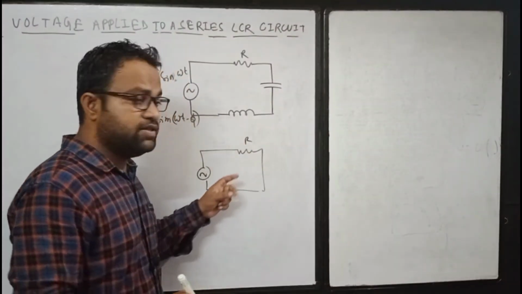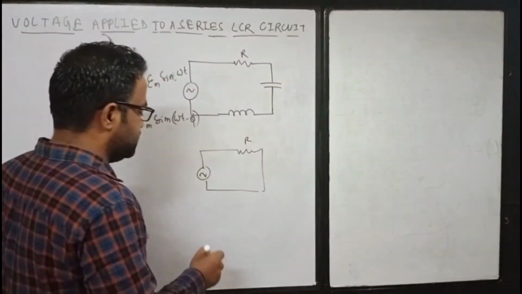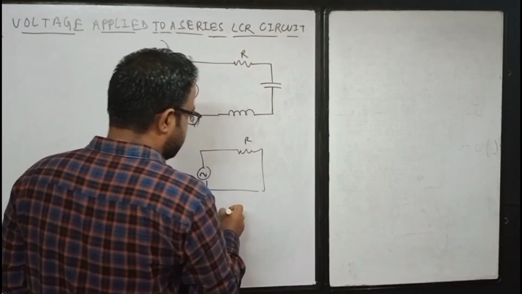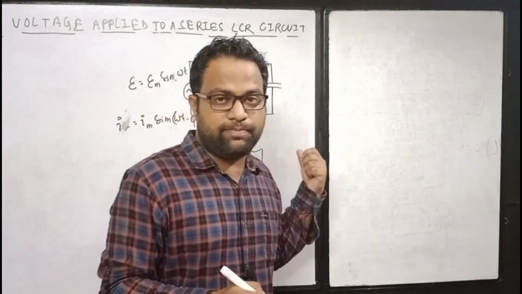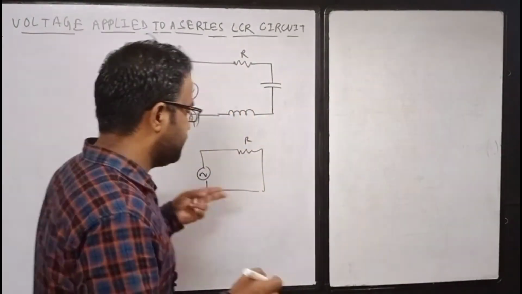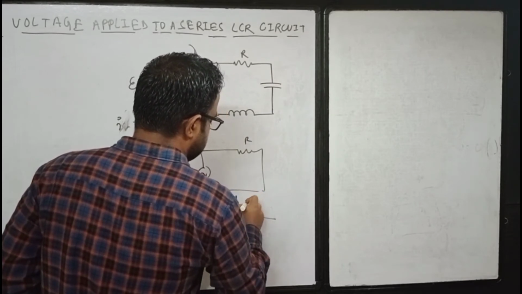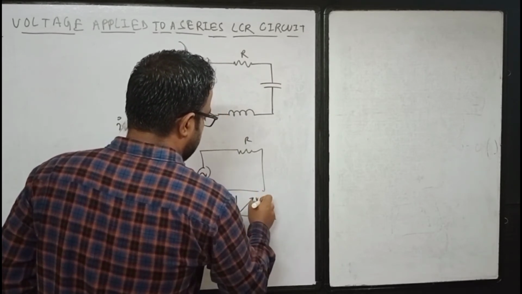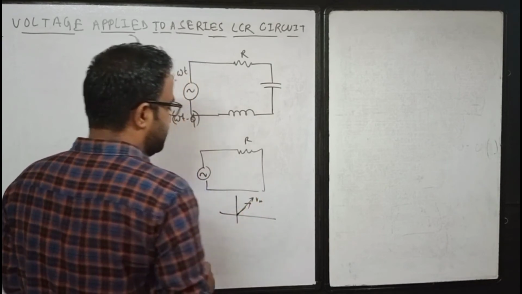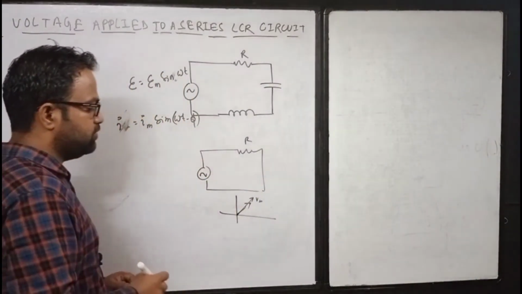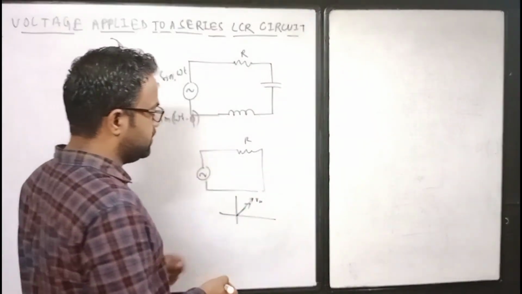Then you know from the previous discussions that in this circuit your current and the applied voltage will be in phase, their phase will be the same. So if this is your voltage, the same will be the current, the phase relationship will be the same for a resistor only circuit.